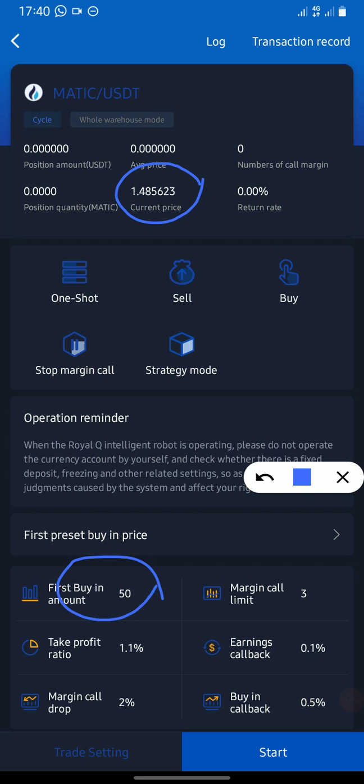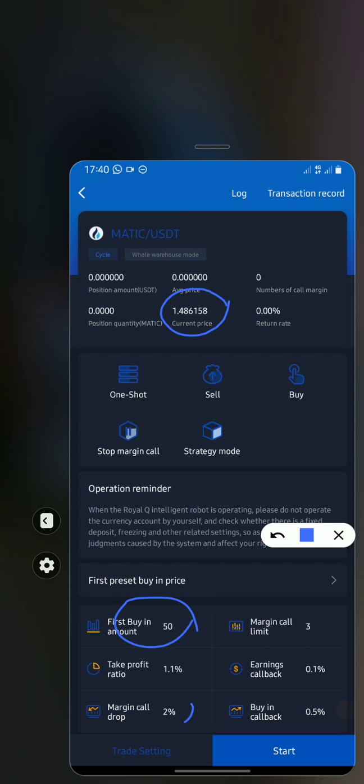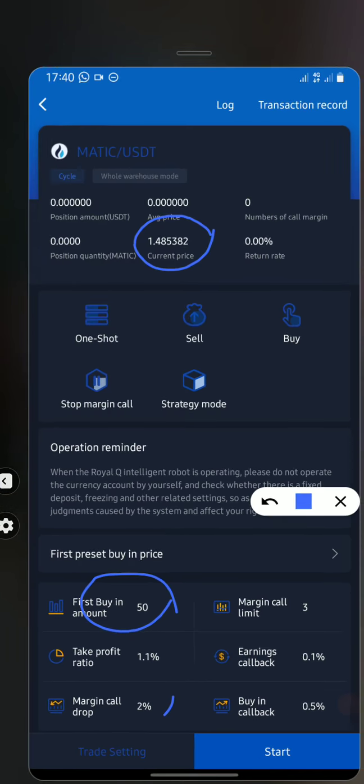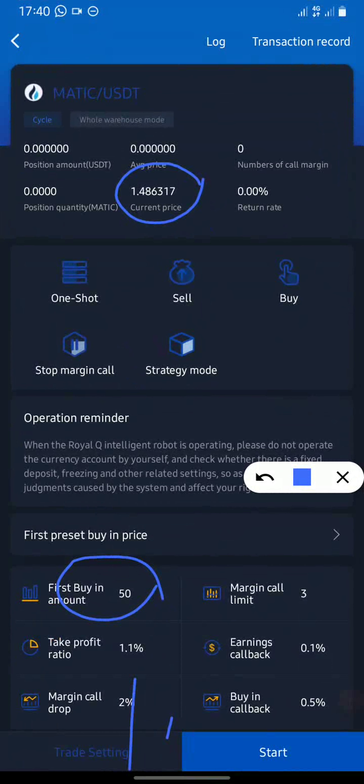So if I buy $100 worth at this price and the price reduced by 2%, it will only buy $50 at 2%. And mind you, the unit that I will get for $50 will almost be closer to what I got at this entry point.